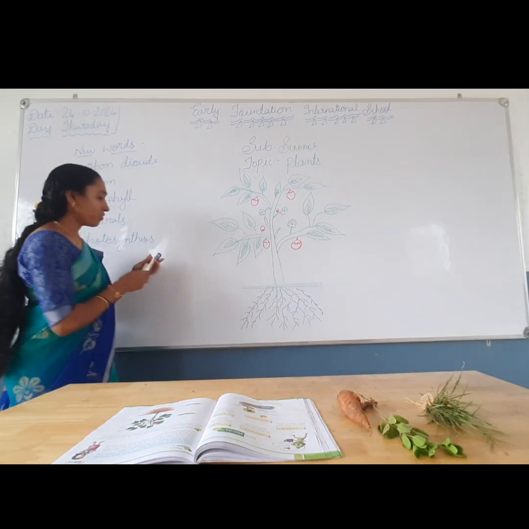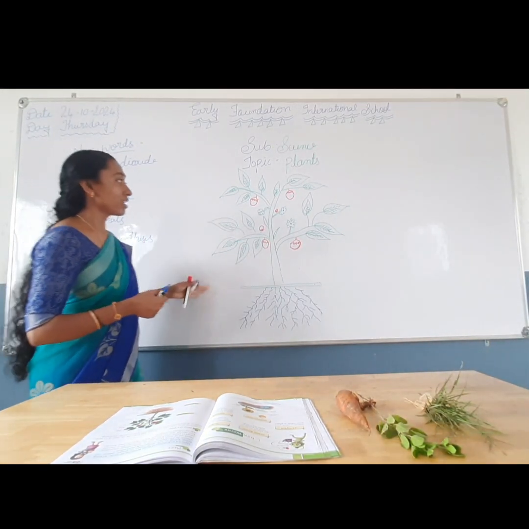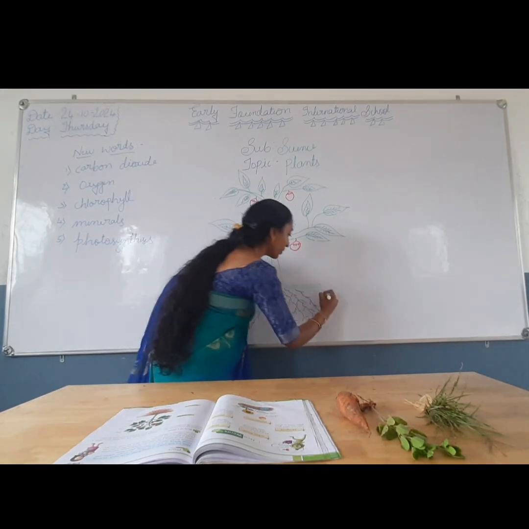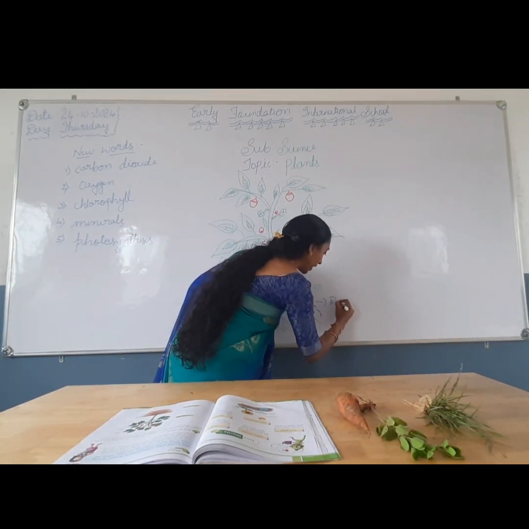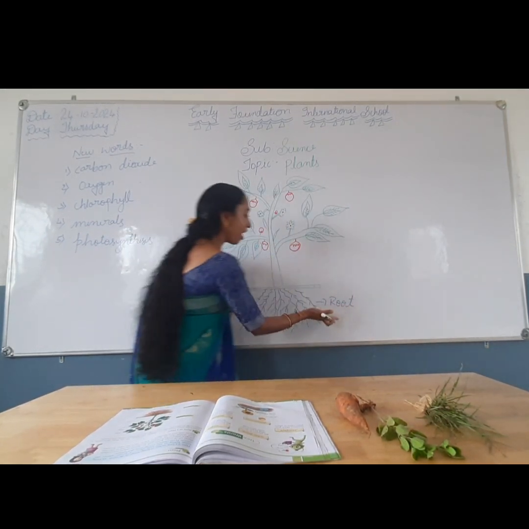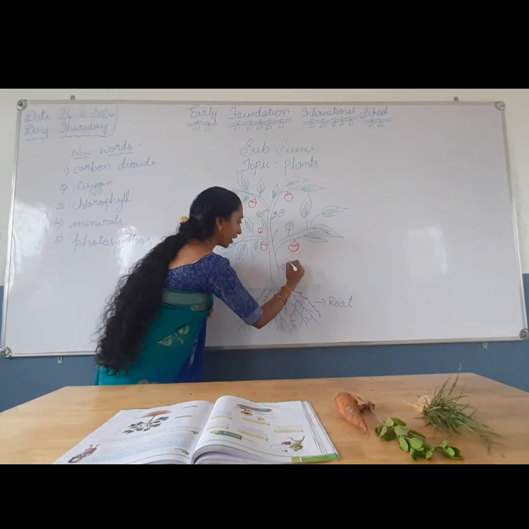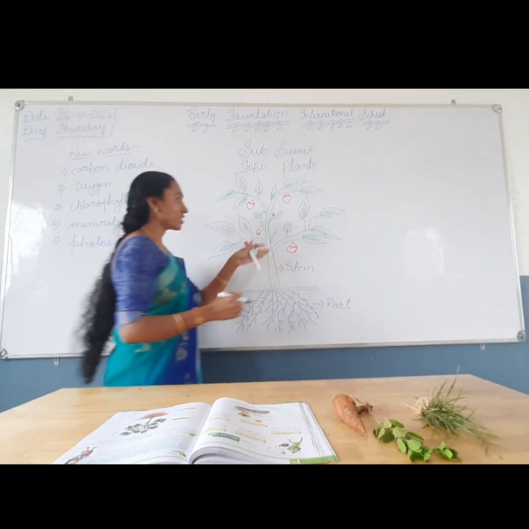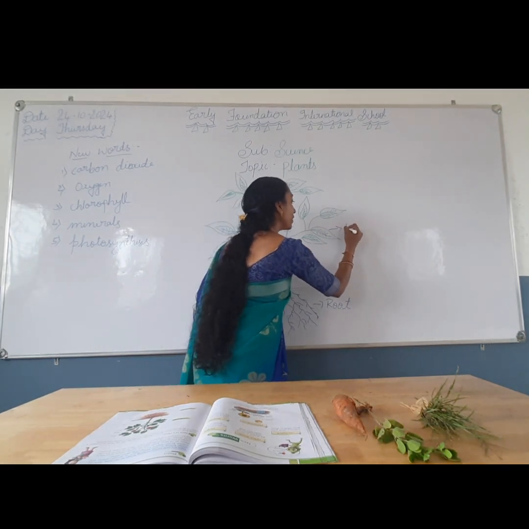First, the main part of a plant is the root. After root, stem. After stem, leaves.